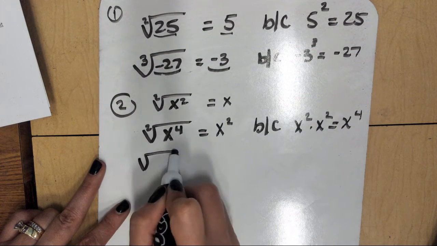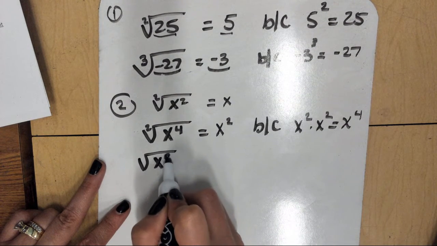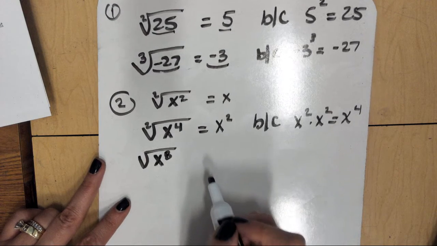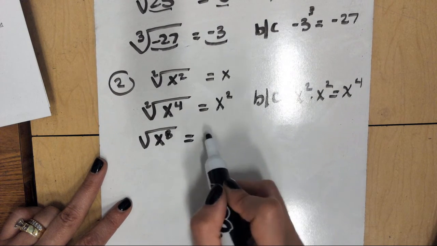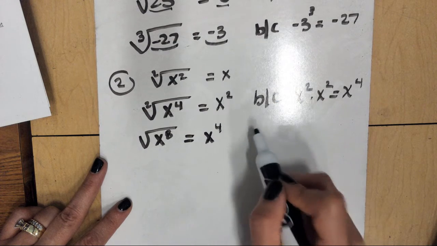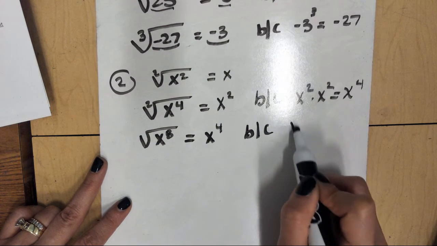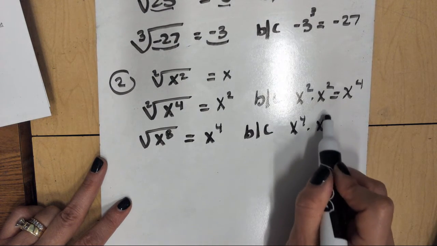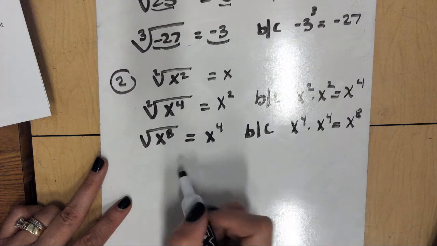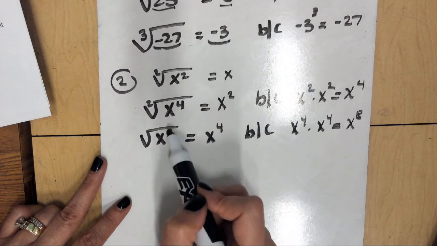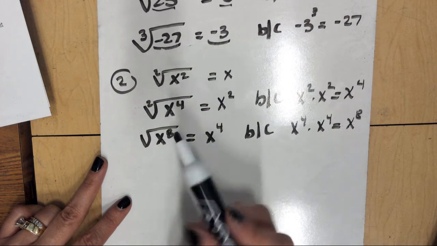What if I took the square root of x to the 8th? Again, there's a 2 in here. 8 divided by 2 gives me x to the 4th. This is true because x to the 4th times x to the 4th gives me x to the 8th. Notice when my exponents are even, they're perfect squares.